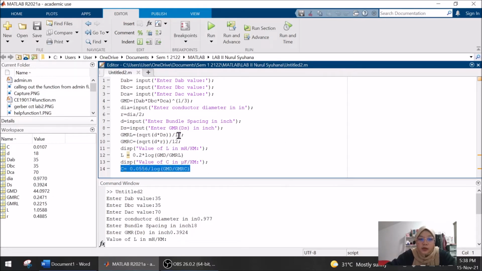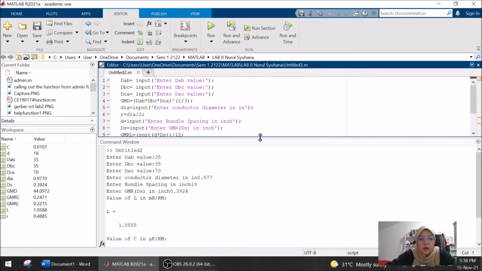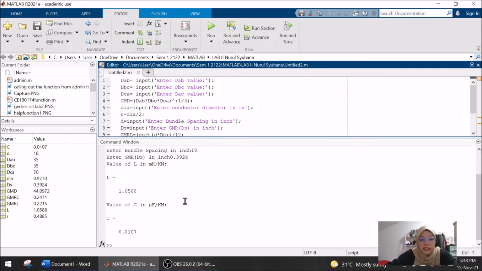After we run our program, the command window will ask us to enter each of the values that we wrote in these commands. After we insert all the data, we get the answer.